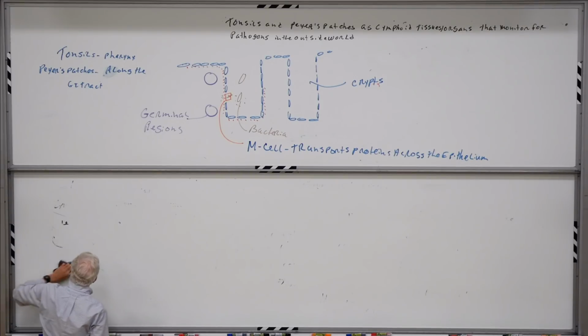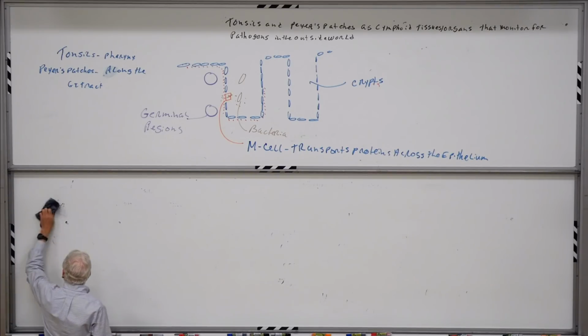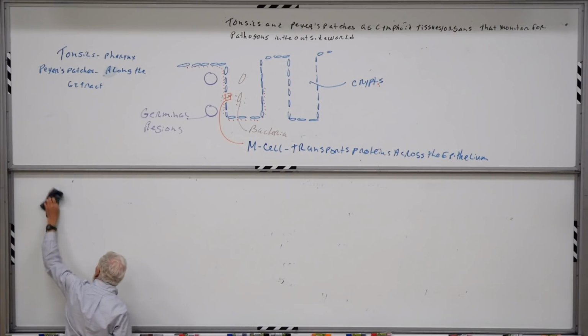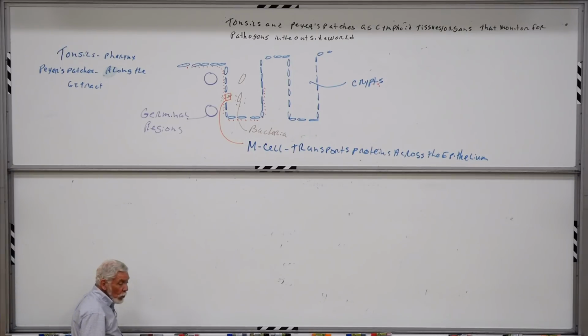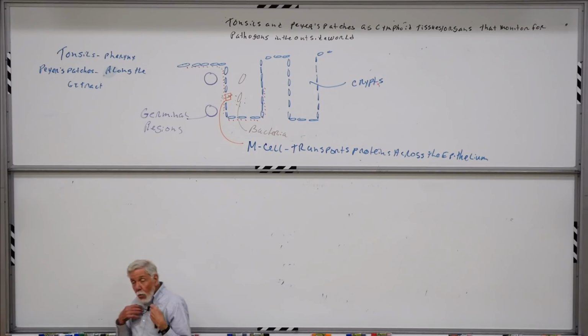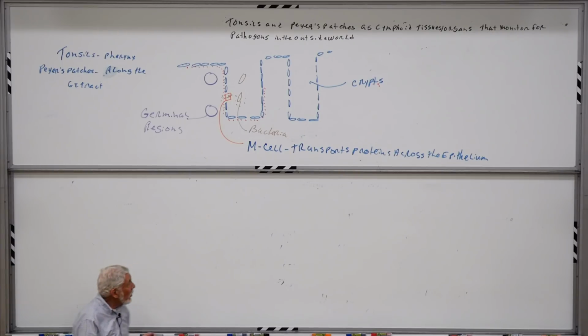So the thymus is a sizable organ, particularly when we're young. As we get beyond our adolescent years, it begins to atrophy. But for the most part, when we're young, it's really busy trying to mount an immune response. And it's located right behind the sternum and right in front of the heart. So it's sort of in your thoracic area.